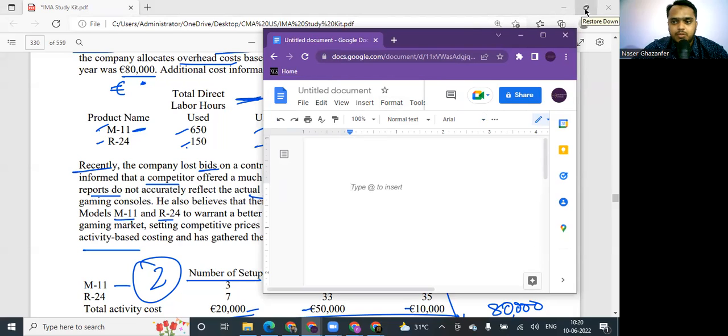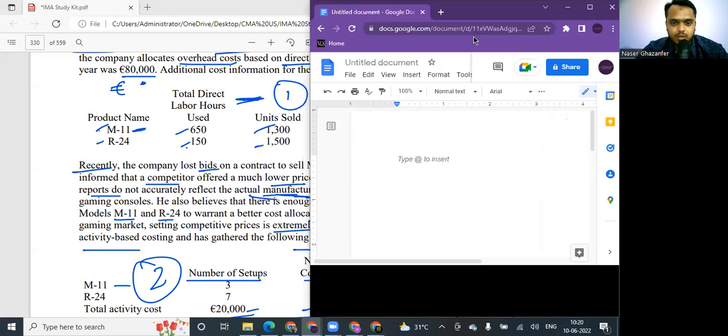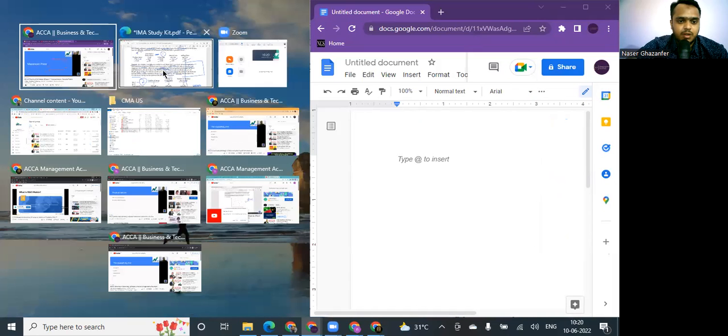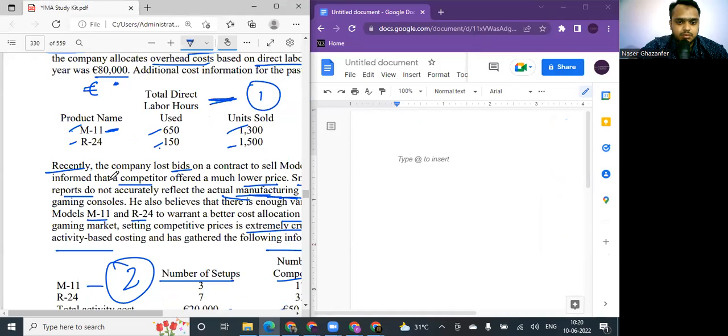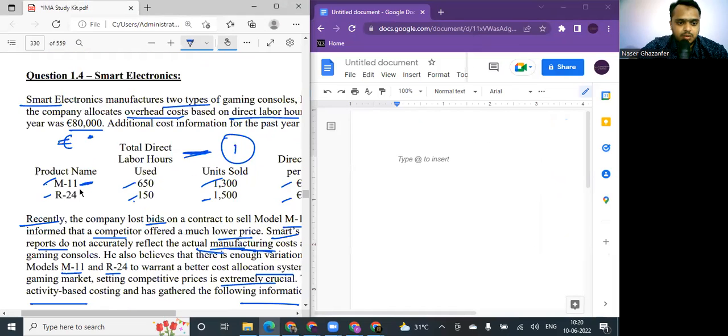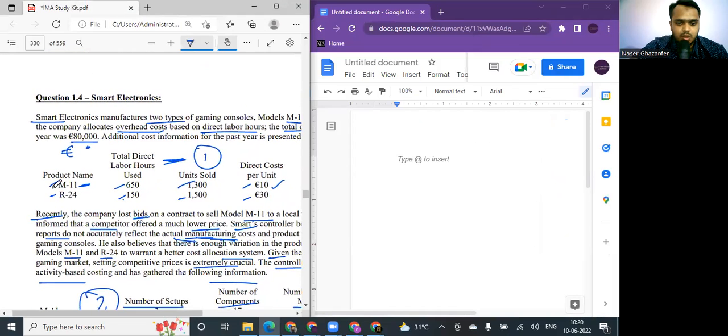Let me put this at the side, and this one also at the side. So we have this one here. I hope that you are able to look at the screen and it is not that small for you.